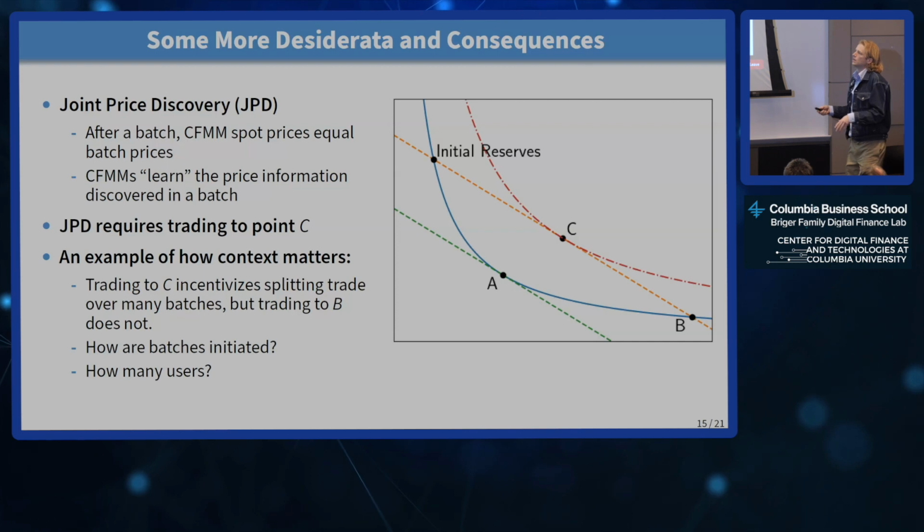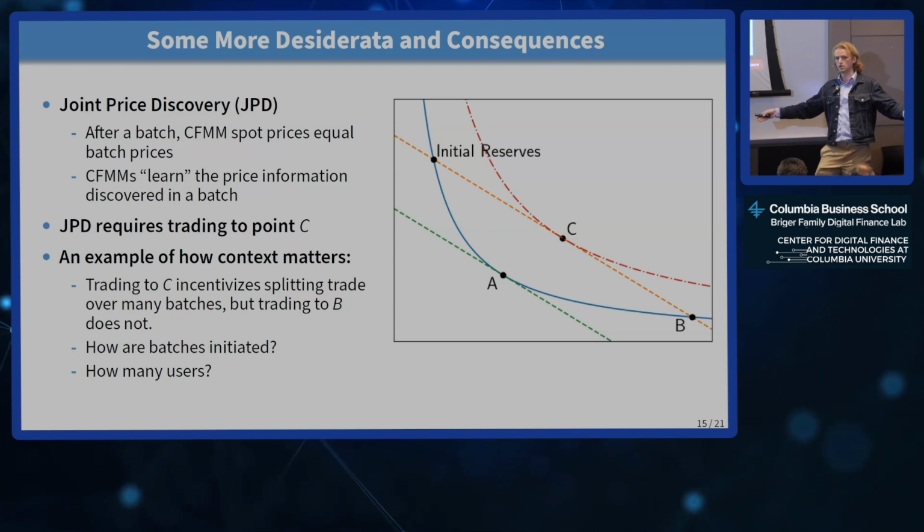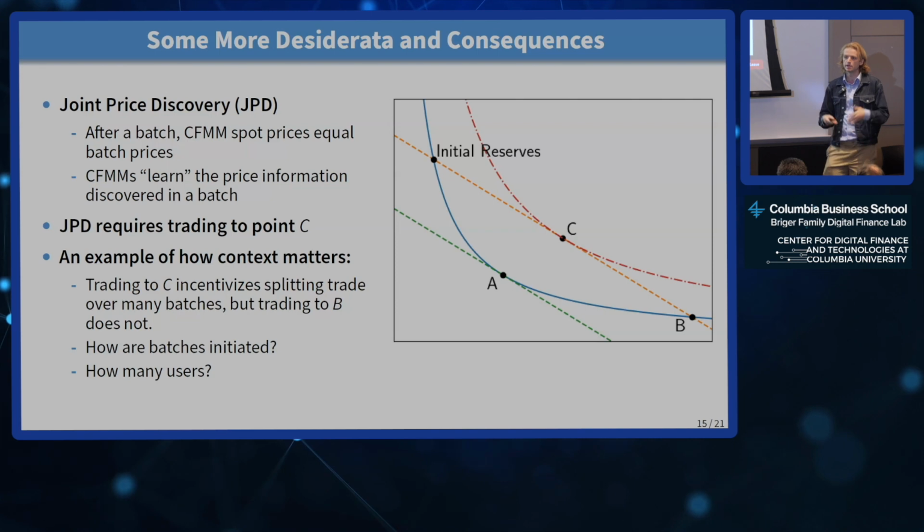But I want to point this out because this gives an example of how the context in which you deploy these things matters. In some batch exchanges, a user can come along at any time and initiate a batch whenever they want. And in some implementations, these happen on a fixed frequency. In some implementations, there's a lot of limit orders in a batch, and in some, there are very few, maybe one or two.